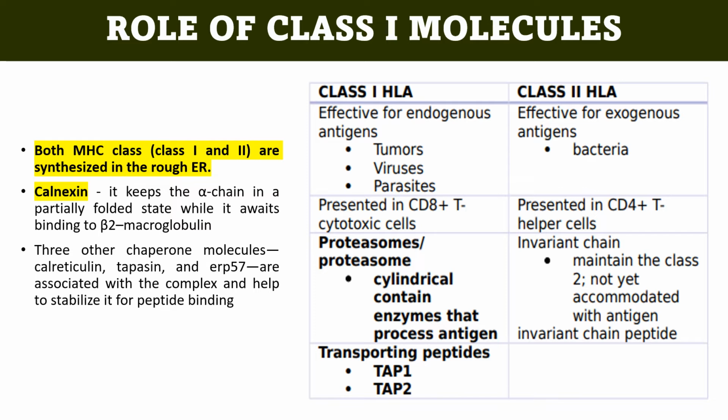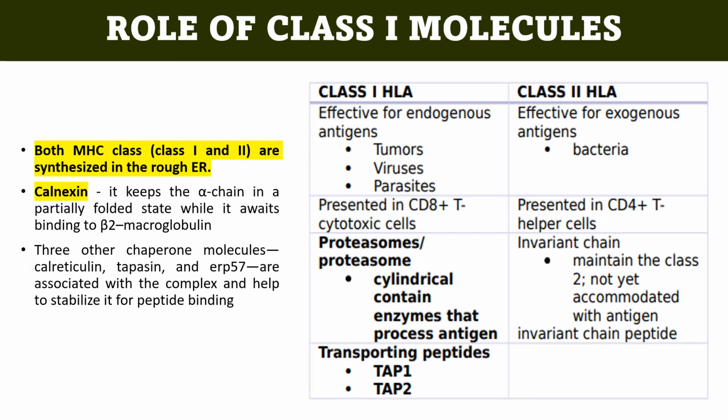Class 1 HLA is effective for endogenous antigens such as tumor, virus, and parasite. Class 2 HLA is effective for exogenous antigens such as bacteria. Class 1 HLA molecules are presented to CD8 plus or T cytotoxic cells, while class 2 is presented to CD4 plus or T helper cells.